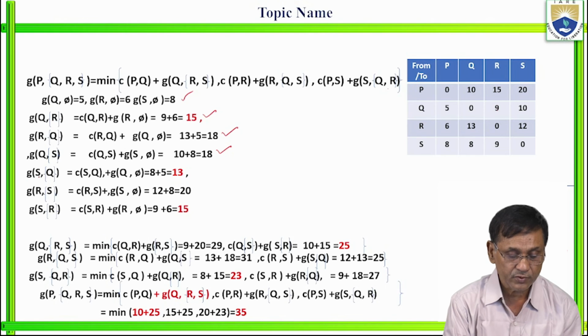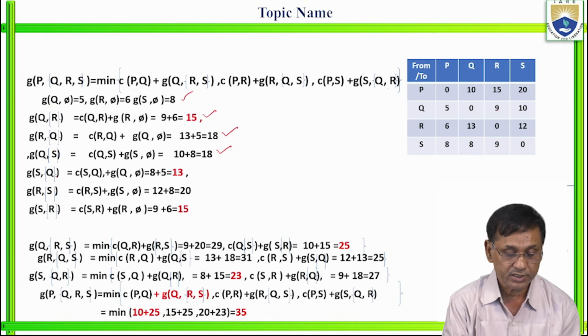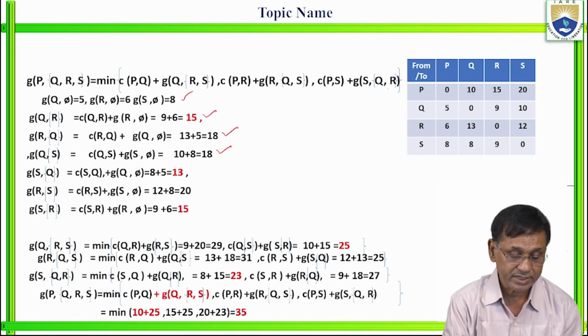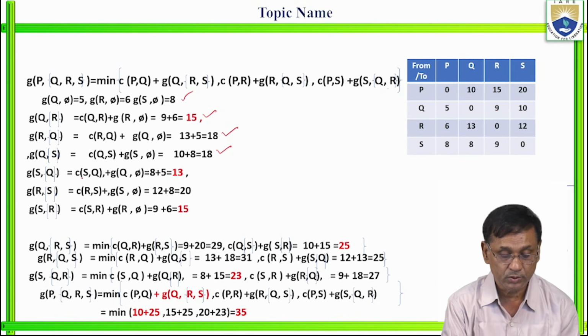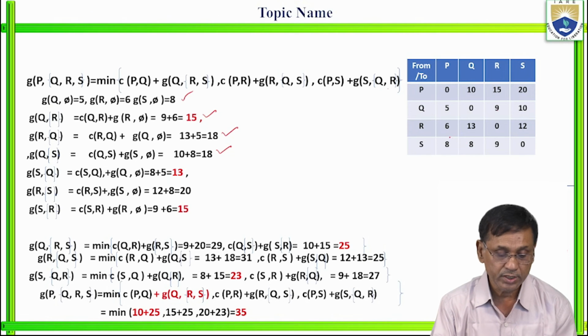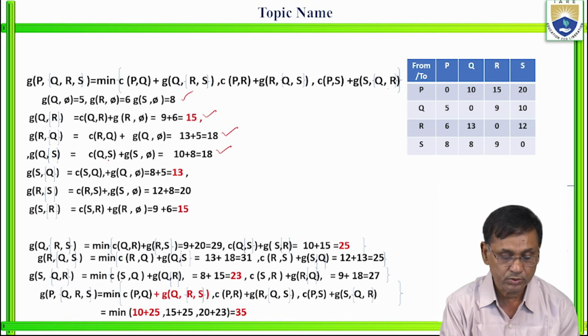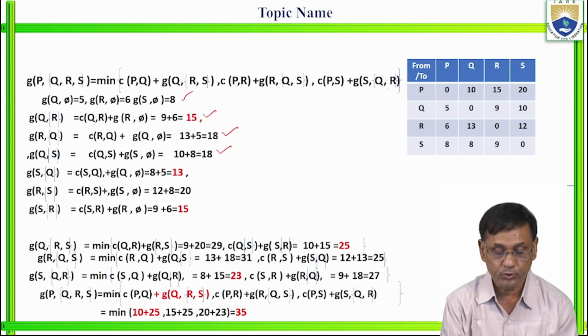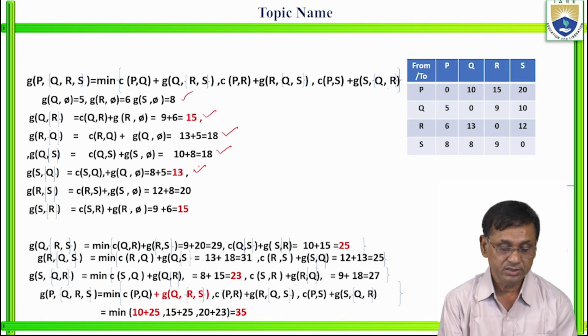Next, the cost of going from S to the rest of the cities, that is the set of cities Q, is equal to the cost of edge S to Q, which is 8, plus the cost of going from Q to pi, which is 5. So this is 13.